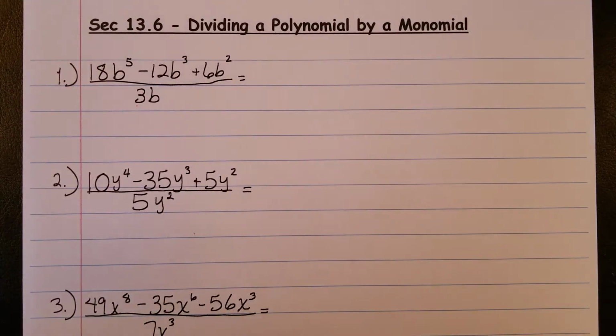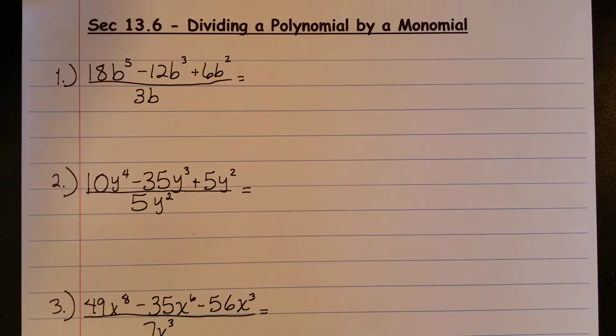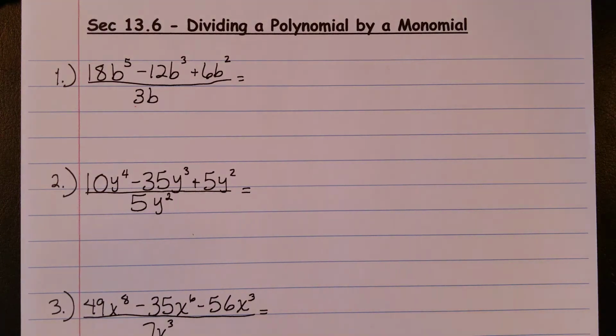Section 13.6, dividing a polynomial by a monomial. All right, so all we're going to do is split it up into separate fractions, a separate fraction for each term of the numerator polynomial.